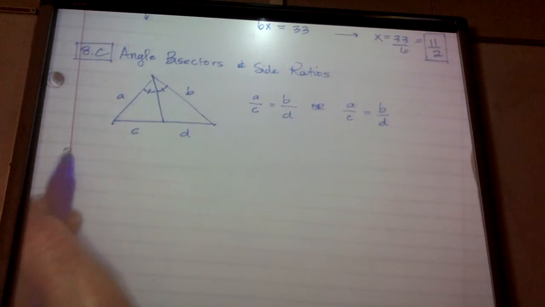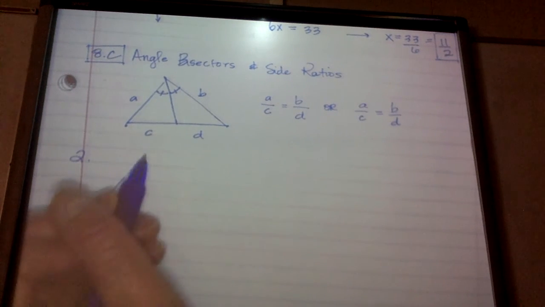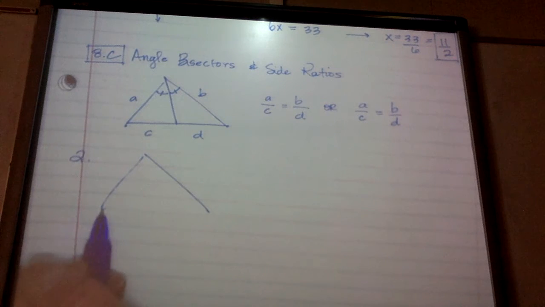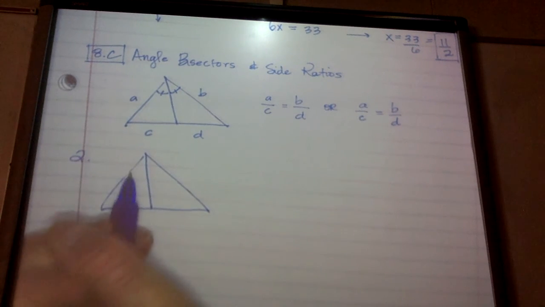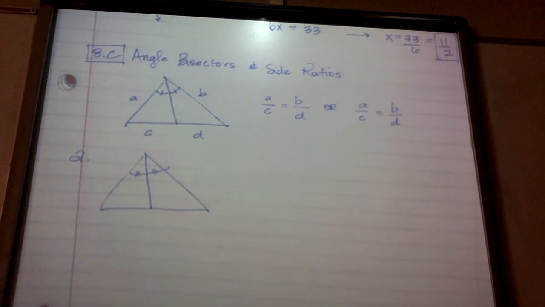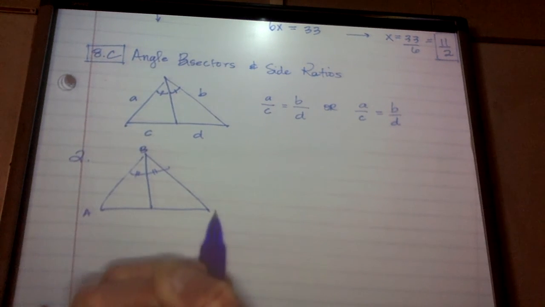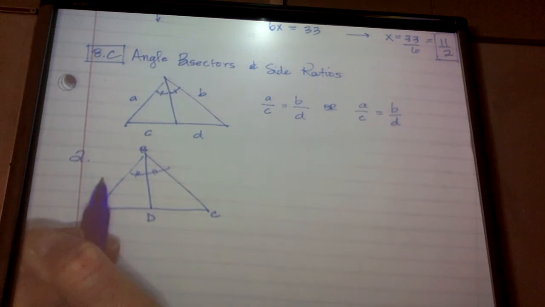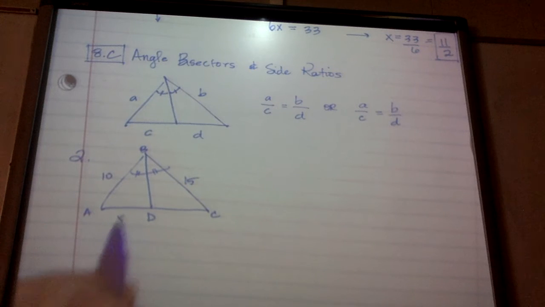So example 2, let's say we have a problem looking just like this. You probably don't even need the practice if I already drew the picture for you. And let's say this angle is congruent to that angle. Here's A, B, C, D. So side AB is 10, BC is 15, AD is X, and DC is 12.